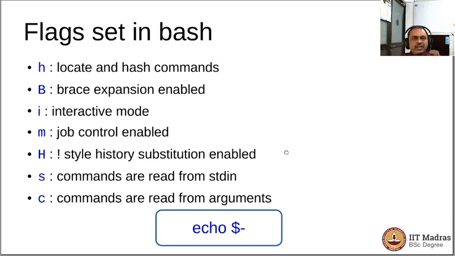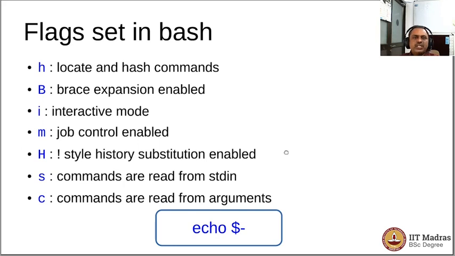The option capital H is to enable the history operations such that using the bang or asterisk and then a numerical value, you could actually repeat the command that was executed slightly in the past. The option small s would be used when the commands are supposed to be read from the standard input. By that, what we mean is when we type using the keyboard.